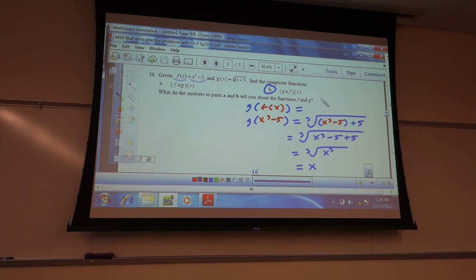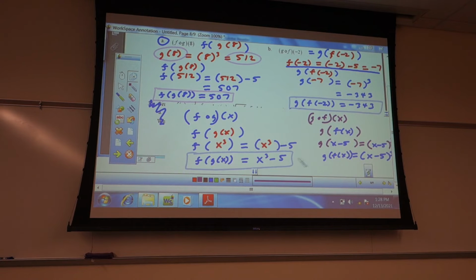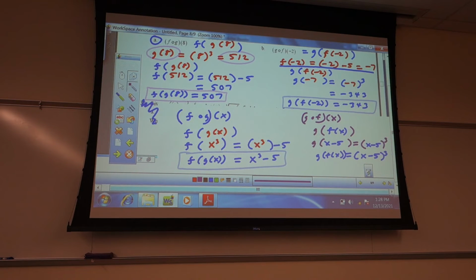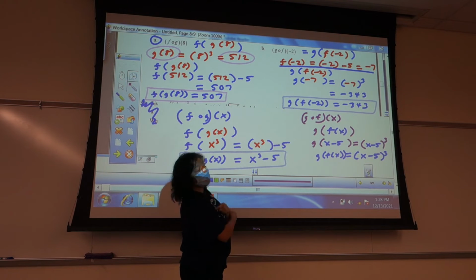They are inverses. If it's not equal to x, then that would tell you that they're not inverses of each other. So in other words, here, since g of f of x is not equal to x, neither of these is equal to x, these two functions, f and g, are not inverses of each other.